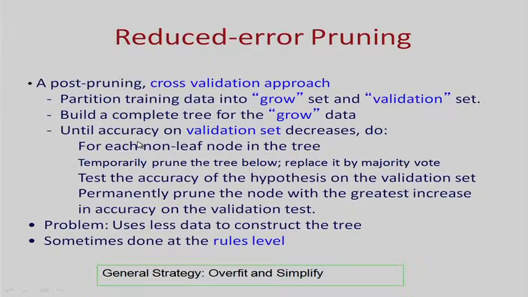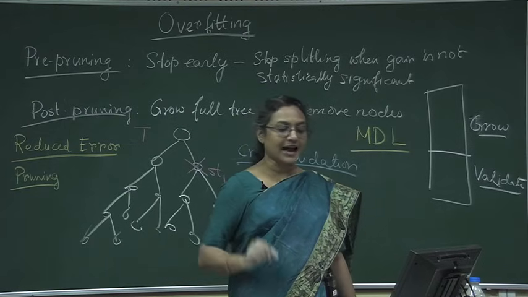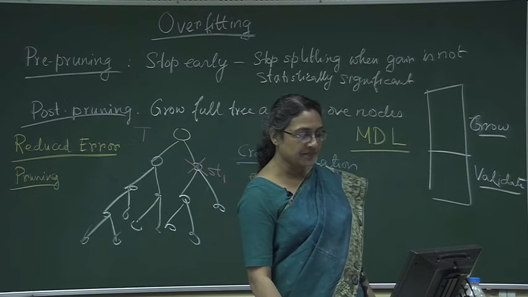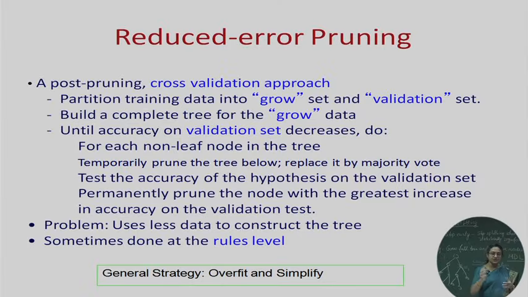After that, you start pruning the tree, and as we said, you look at different candidate subtrees for pruning. And how long will you continue pruning? Until you reach a situation where removing any subtree will give you increased error on the validation set.